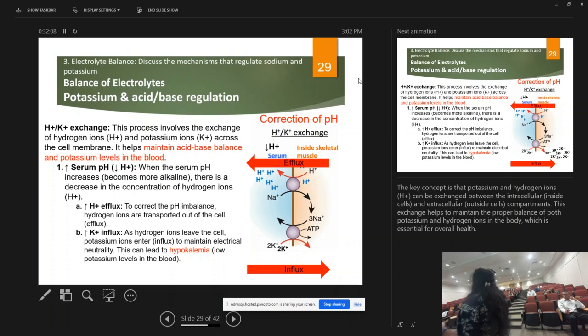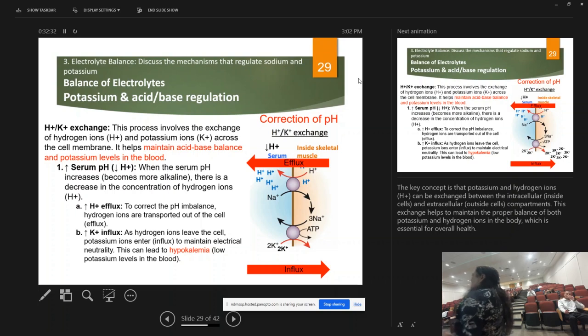This pump will work more to bring more proton out of the cell, so that it can correct that pH. The pH is high, you need to reduce the pH. So how do you reduce the pH? By bringing more proton. So this pump will start working.